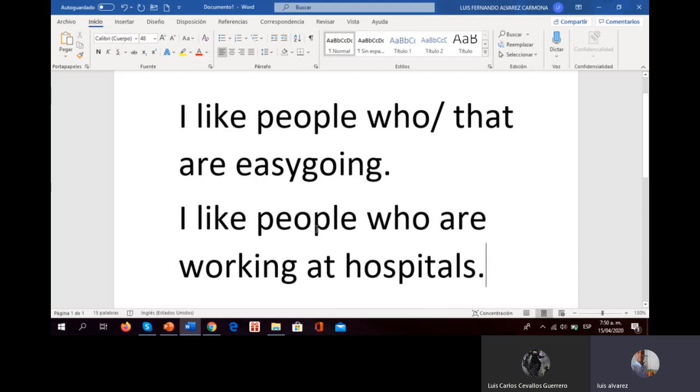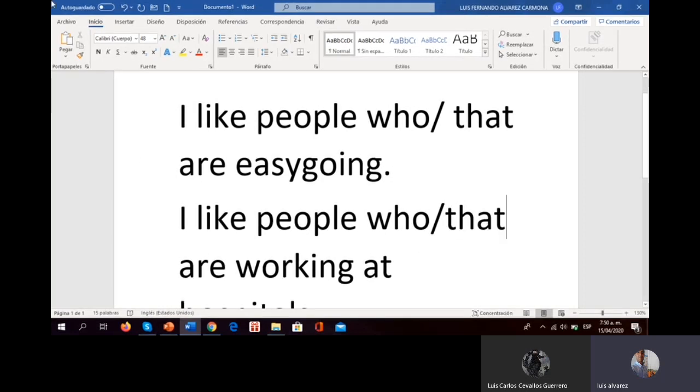I like people who are working in a hospital. Okay, yeah, because you're talking about this one. Remember that you can also use that. I like people who or that are working in hospitals.